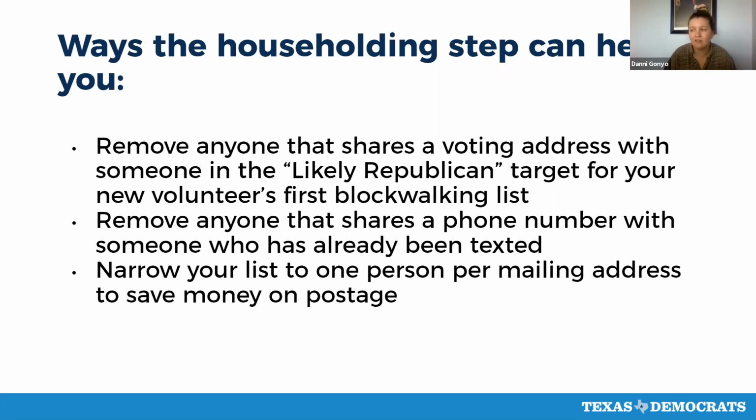We don't necessarily recommend this long term because we have a lot of situations where we have great Democrats that are married to Republicans. We still want to talk to those good Democrats and make sure they're going out to vote, not just ignore them because they happen to live with a Republican. So this can be helpful if you have a brand new volunteer or somebody who's really nervous to go out and knock on doors. I've done this before, where I've cut lists for new volunteers that exclude people who share addresses with likely Republicans.